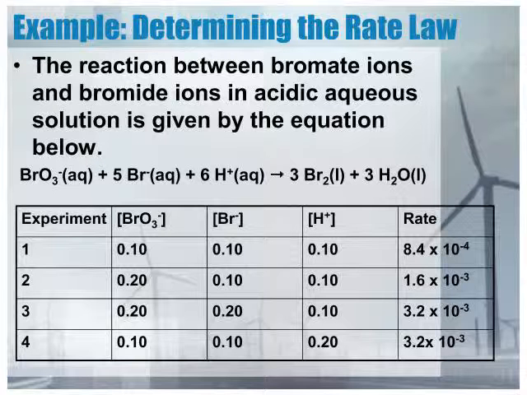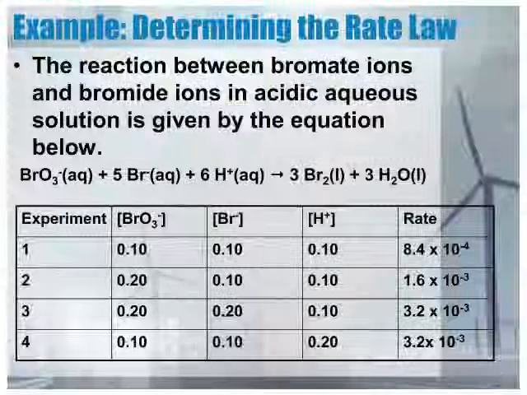So you want to pause me and write all of this information down so that on the next slide you'll understand what's going on as I work the problem. So take a moment to write everything down. Okay, so hopefully you've copied down the table, and so we're going to work out the problem. What you're doing is you're going to find out exactly what the rate law is.